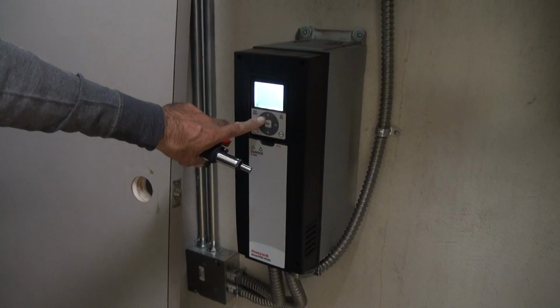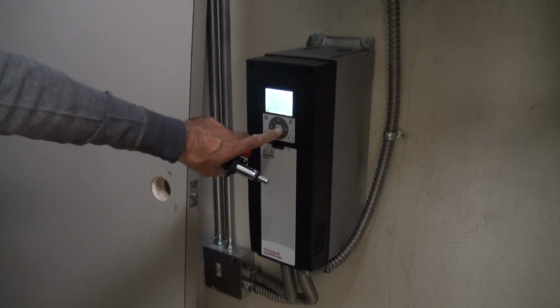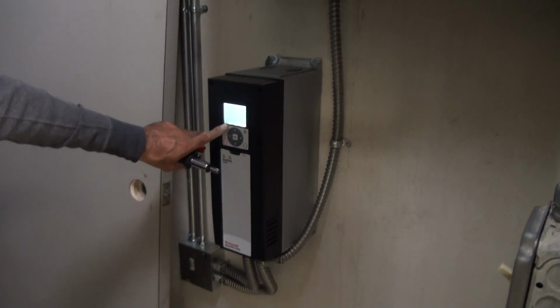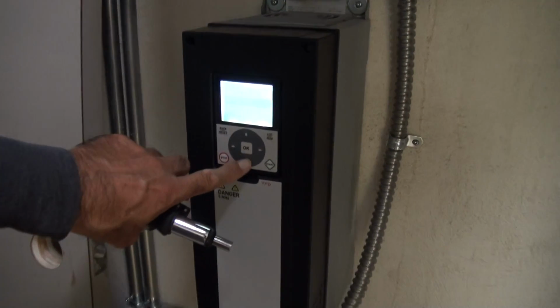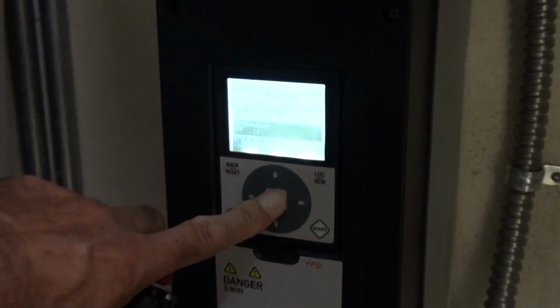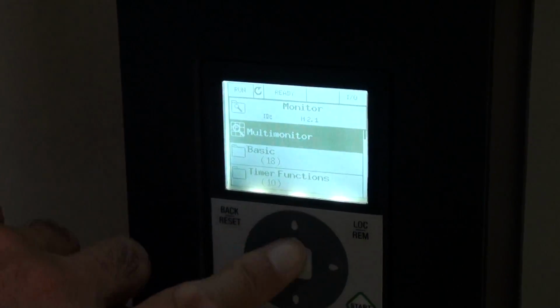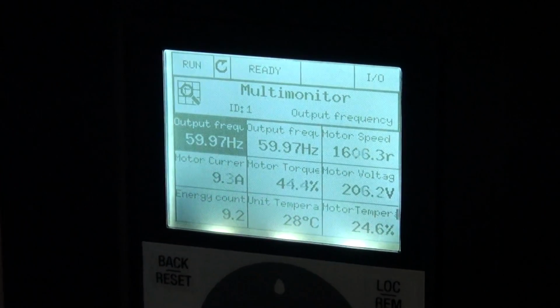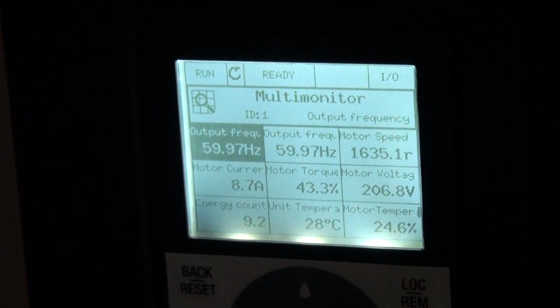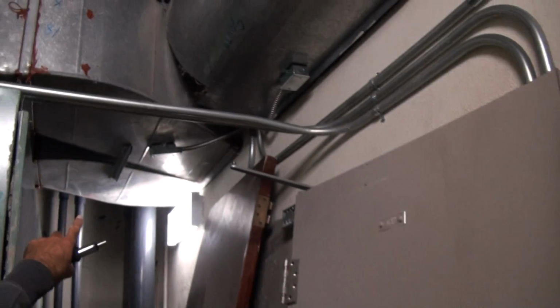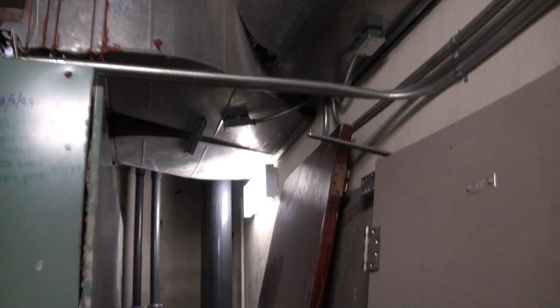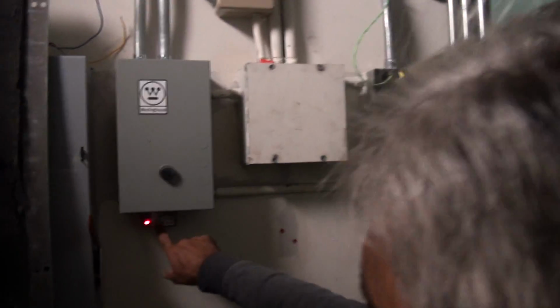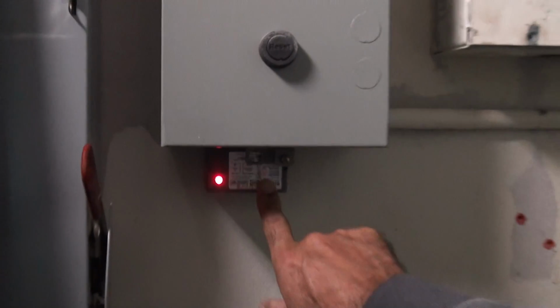So that basically gives us the values that the drive's running at the moment. There's our temperature sensors in the ducts. These are start and stop relays. That's how we control. Same again here.